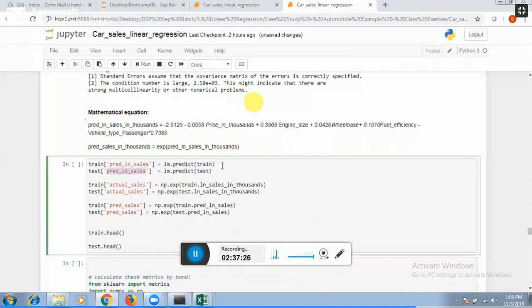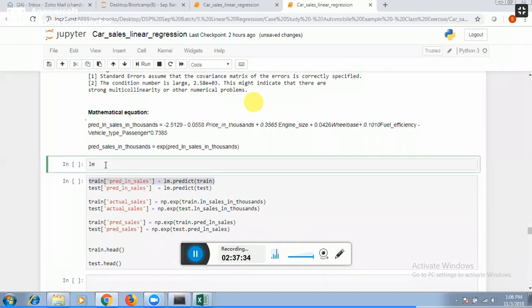Let me show you that. You remember we discussed this. LM is my model, dot predict, and you need to specify the train data.